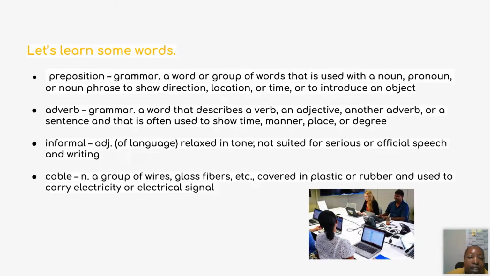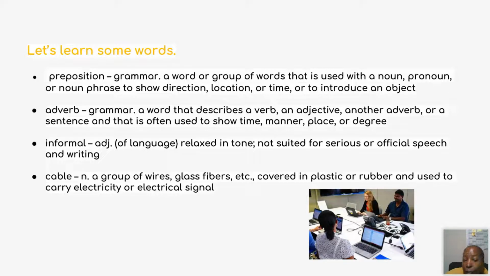So guys, now let's look at some words, okay? I've already explained what a preposition is, but I'll just repeat some of this. This is grammar: a word or a group of words that is used with a noun, pronoun, or noun phrase to show direction, location, or time, or to introduce an object.